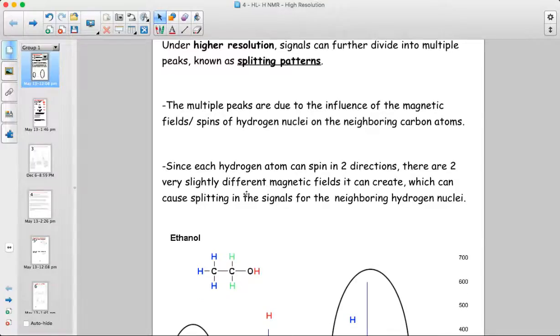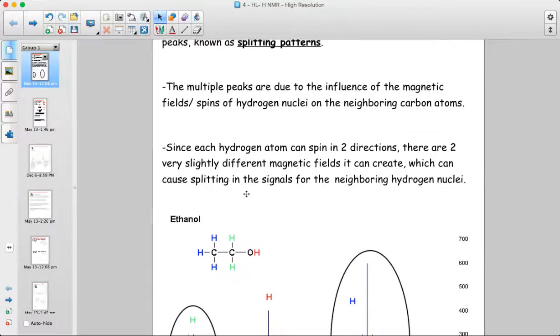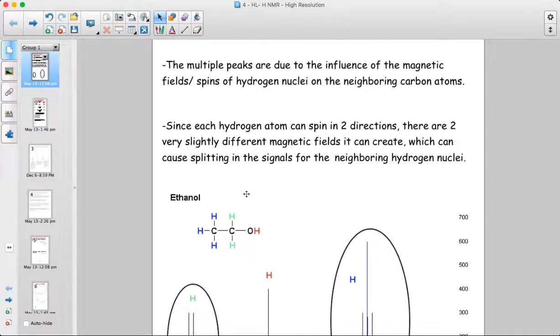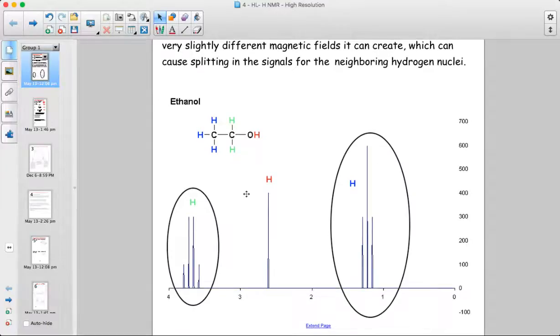Since we talked about how each hydrogen nucleus can have two different spins, for any neighboring hydrogen nuclei there are two slightly different magnetic fields that it can create. That causes very slight differences in the splitting signals that we pick up in the HNMR. So this is an example of a high resolution HNMR, looking at ethanol.